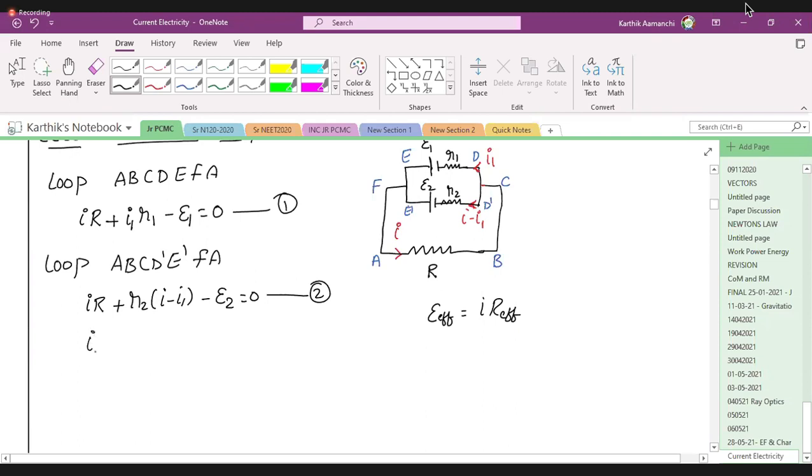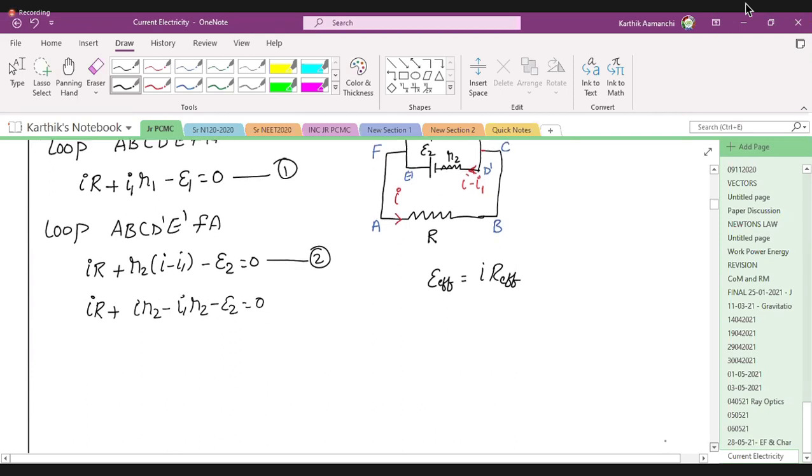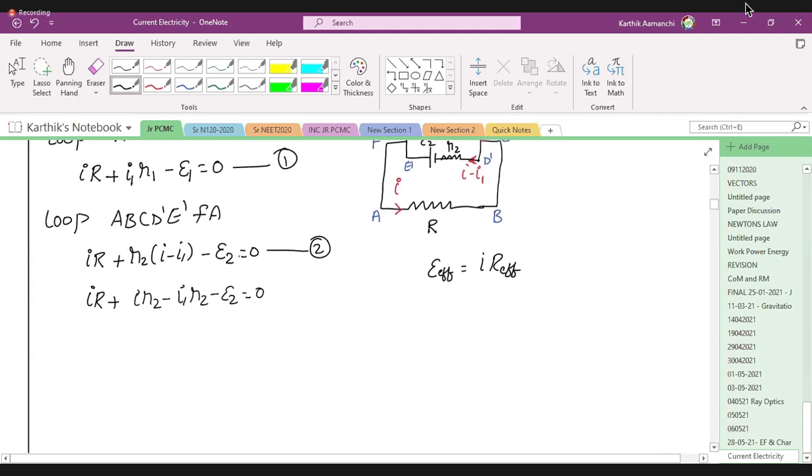This I write as IR plus IR2 minus I1 R2 minus epsilon 2 is equal to 0. So I multiply this with R1.